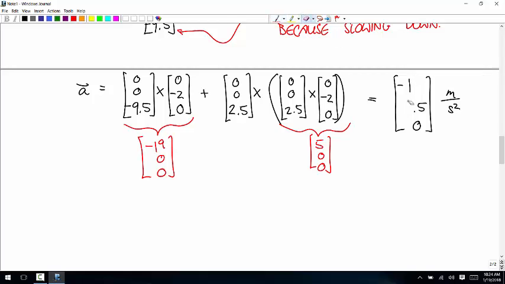To be honest, on a test, if you wrote this equation and then wrote -17, 7.5, I'd probably write some kind of hilarious comment and give you full credit for it.